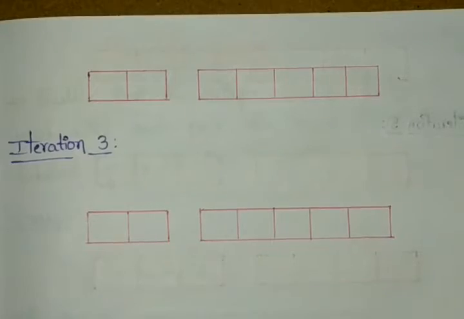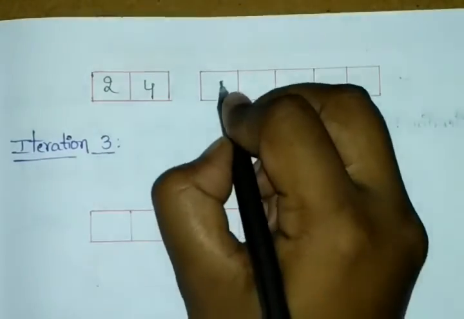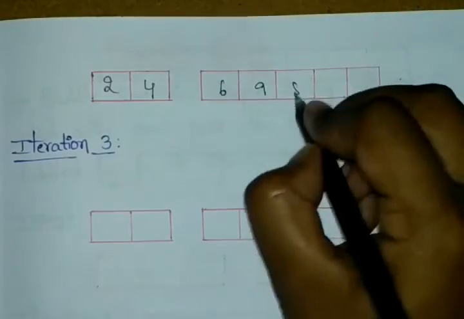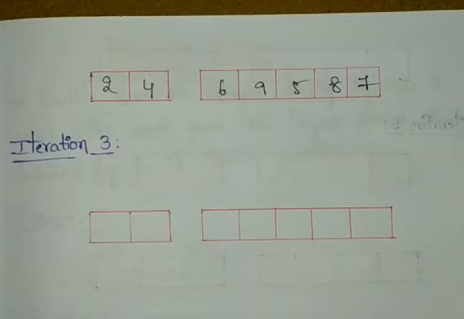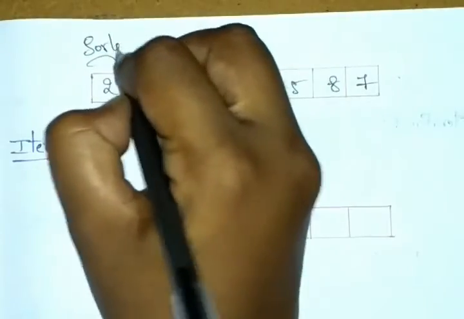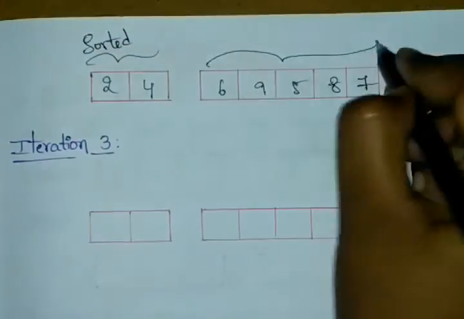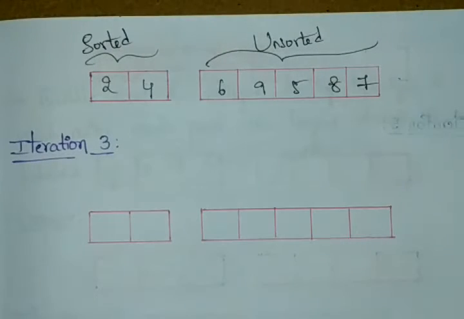So you can write 2, 4, 6, 9, 5, 8 and 7. Right? Now 2 and 4, these two are our sorted elements, and these are our unsorted. After completing this, you can move to iteration 3.